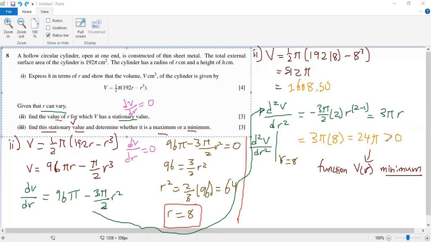So the property is: if the second differential is positive, we have a minimum. I'm just mentioning this generally. Even though in this case there's no other route for us to evaluate it as negative, for the sake of learning, if you had gotten a negative for the value of r, then that would be a maximum, the highest value, a local maximum in that area.